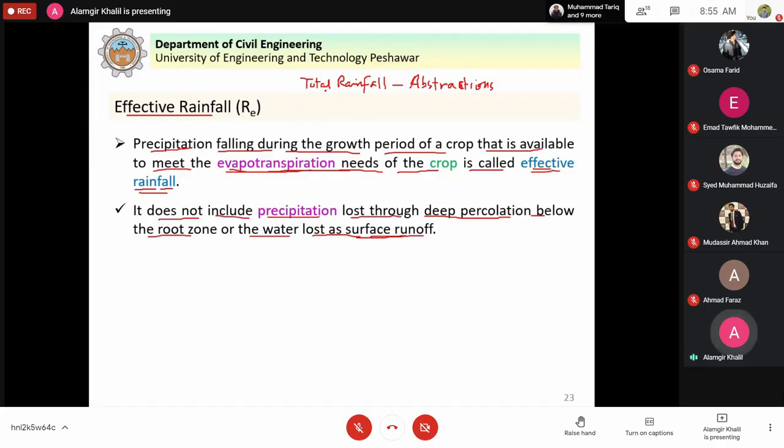So total rainfall minus the losses, for example the water infiltrated, evaporation, and other depression storages. What remains is the water that appears as surface runoff. This was called effective rainfall in hydrology. Clear?